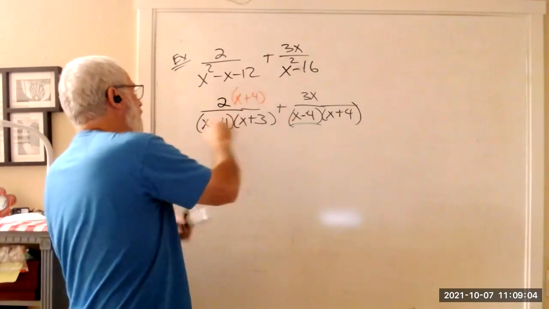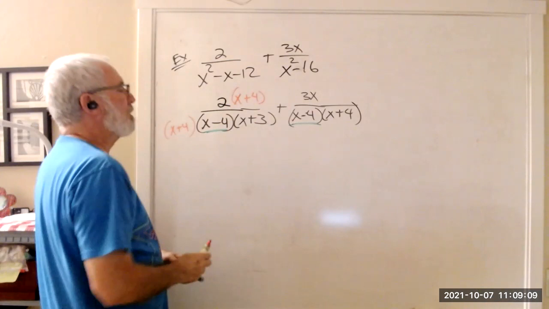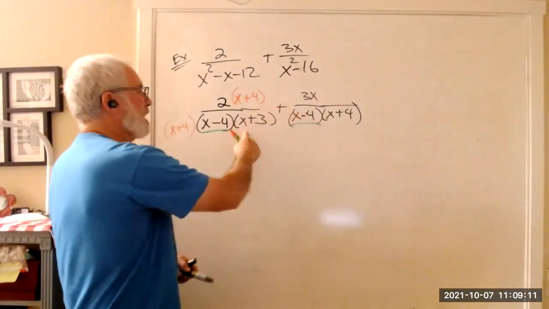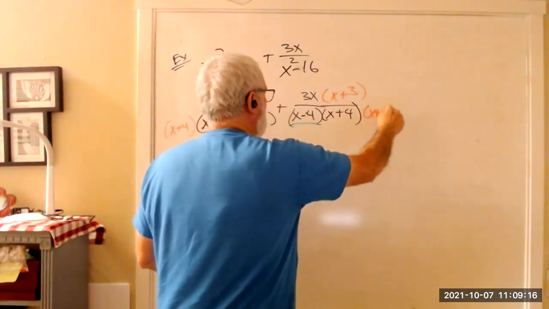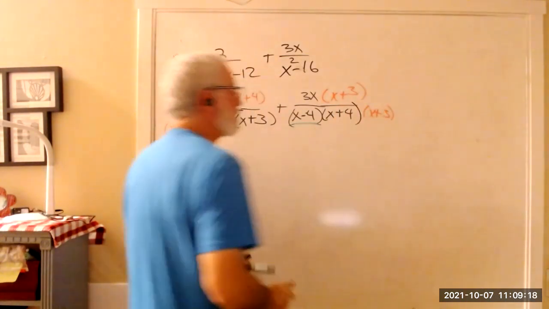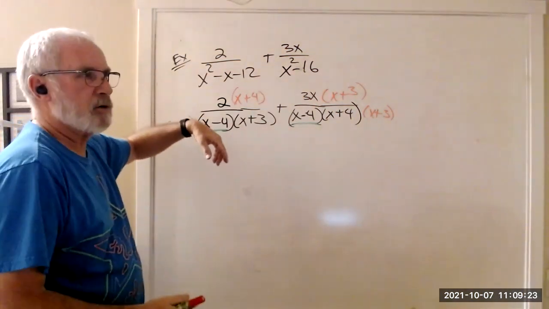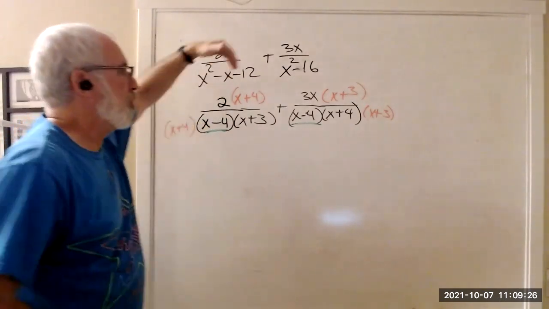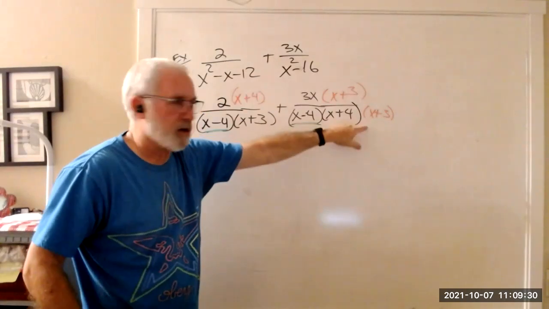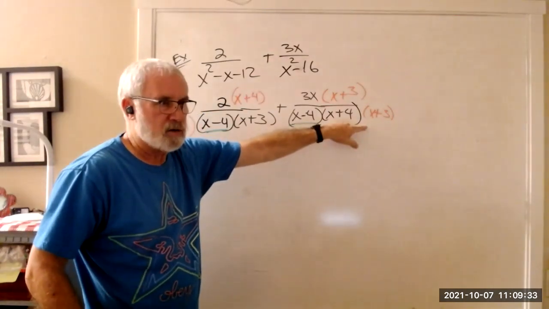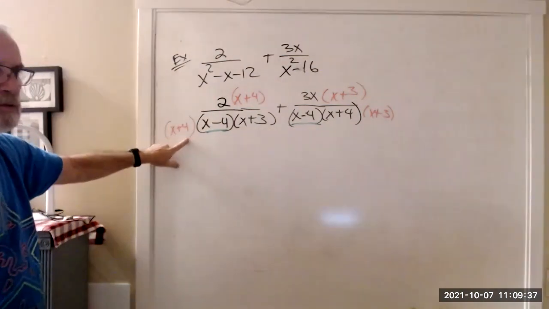x plus 4 on top, x plus 4 on bottom. The second fraction is lacking an x plus 3. Now, where you stick the x plus 3 or the x plus 4 doesn't matter. I'm trying to emphasize that you multiply the top by x plus 3 and the bottom by x plus 3, and the top of this one by x plus 4 and the bottom of this one by x plus 4.